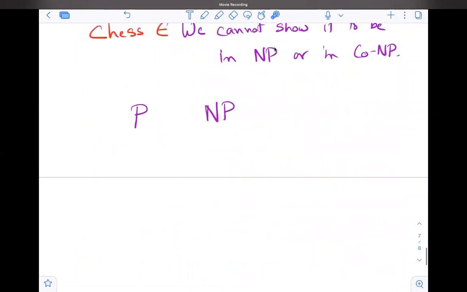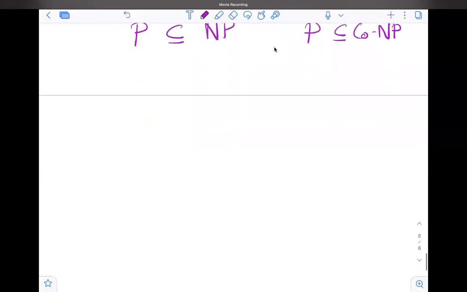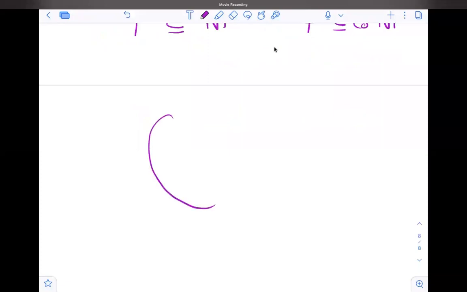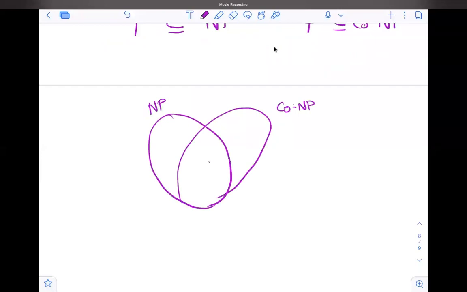So the picture that is usually described looks like this: this is NP, this is co-NP, and there is a set here which is P.